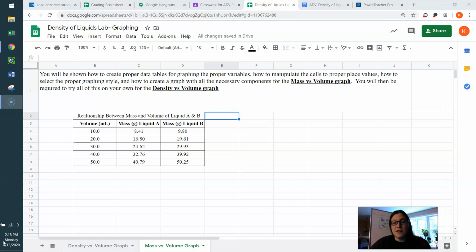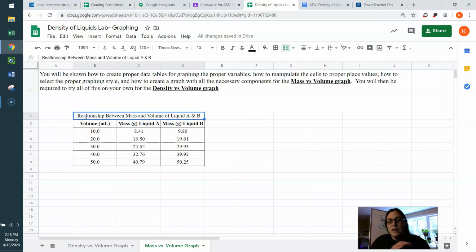So if we've gotten ourselves to this point, we are very capable now of highlighting the data that I want to graph and selecting the graphing tool and the graph type. Now, this is really important. When you go to select the data you wish to graph, do not include the entire beautiful title.